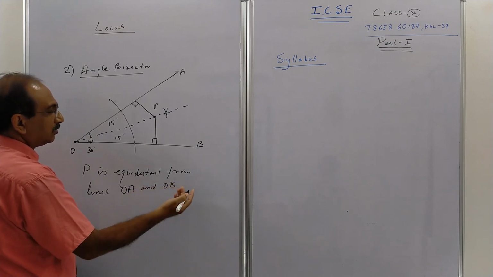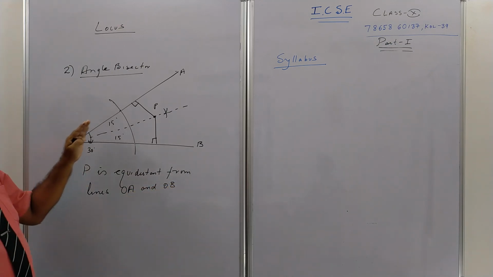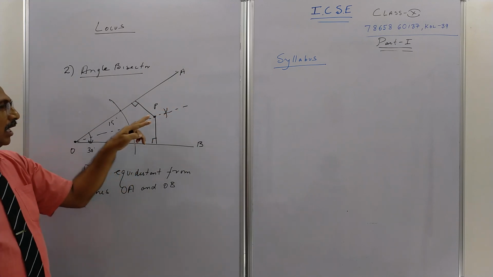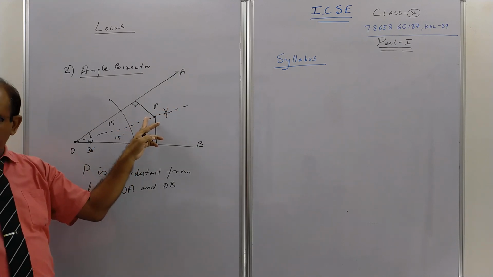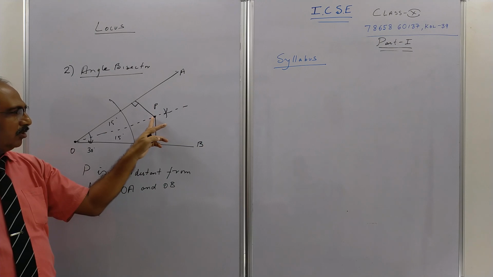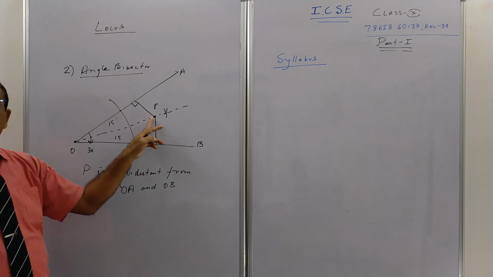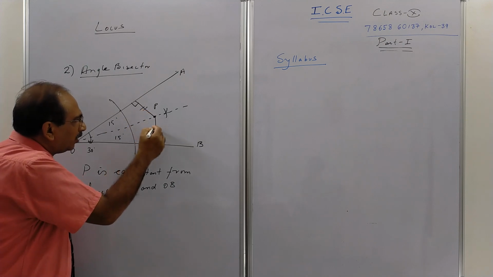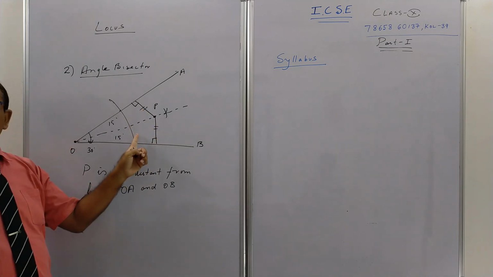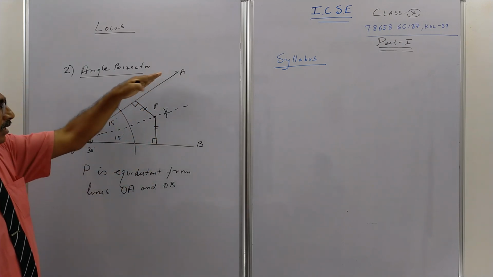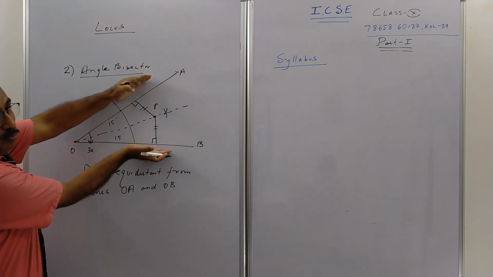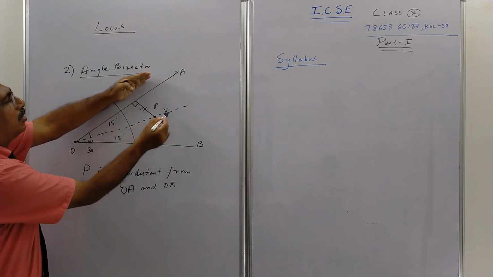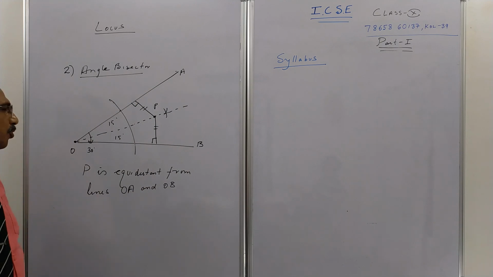Once more, this is where we start the syllabus. I told you how we draw the angle bisector. Take any point on the angle bisector; it is always equidistant. Equal distance means these two will be equal. P is equidistant from the line OA and line OB. Any point over here, P can be here, P can be here, and we have a proof also.